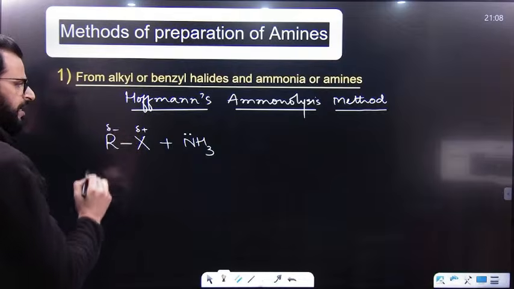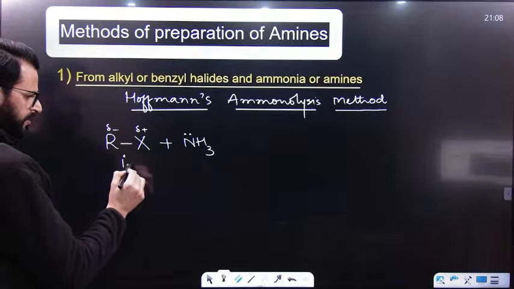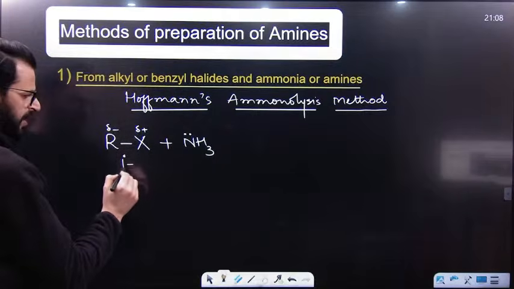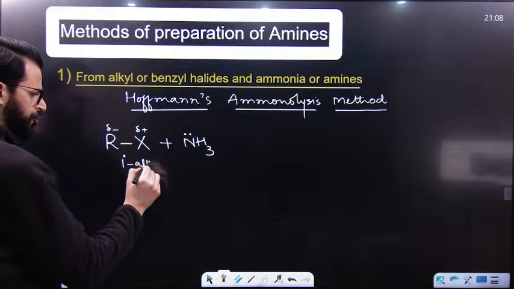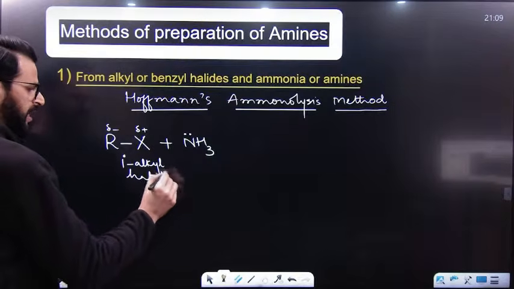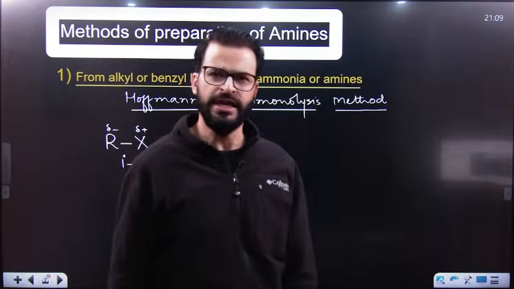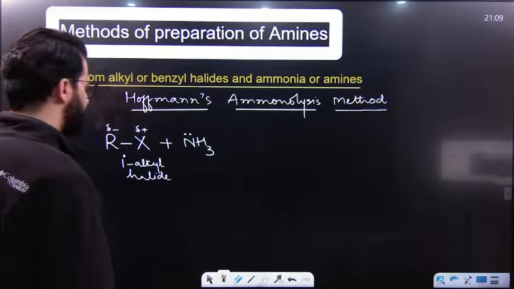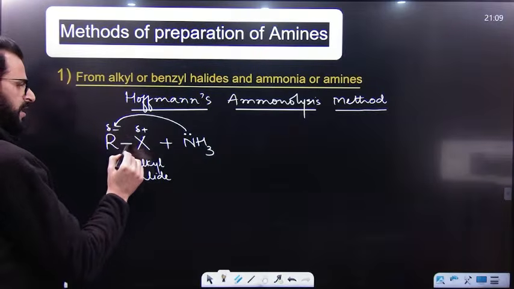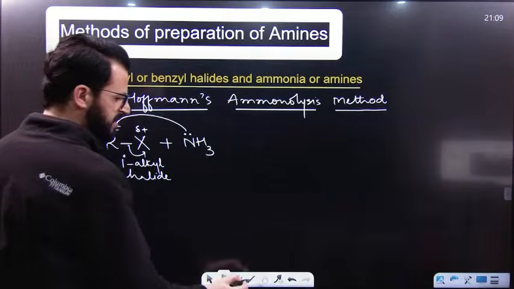Generally, I'm showing the mechanism that is SN2 reaction. That's why I will write down over here that this should be a primary alkyl halide, because primary alkyl halides are best substrates for SN2 reactions. You know that already. Now, what will happen? This N will attack this R and this X will leave as a leaving group.